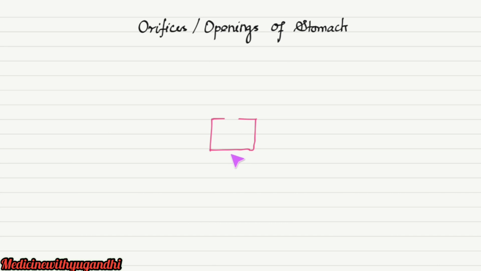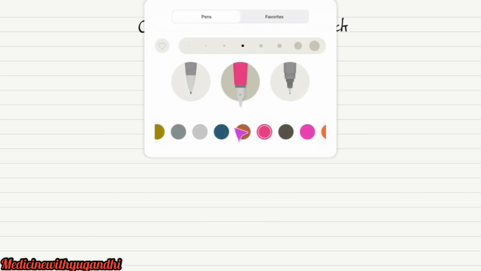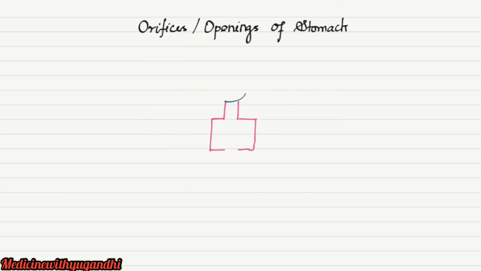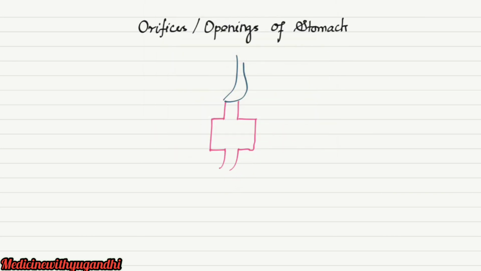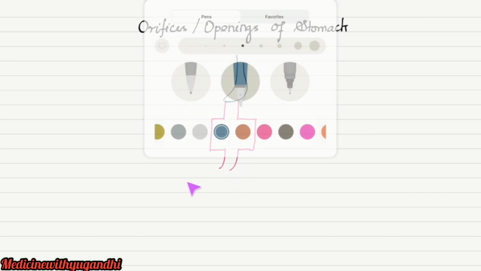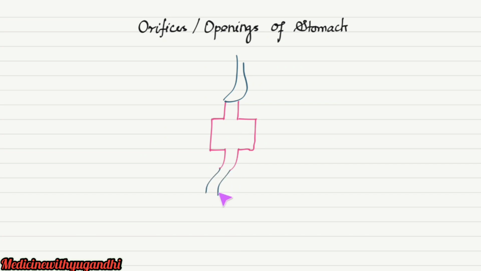So in that, in the upper portion you could find an opening through which it is connected to the lower end of the esophagus, and below you could find an opening through which the stomach is connected to the small intestine, that is, to the first part of the duodenum, right?